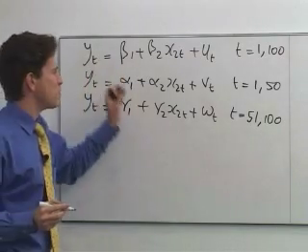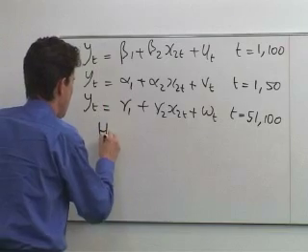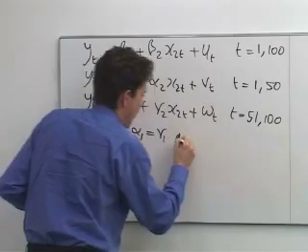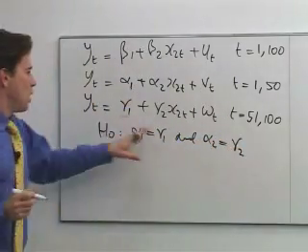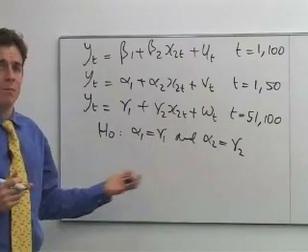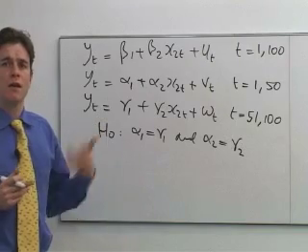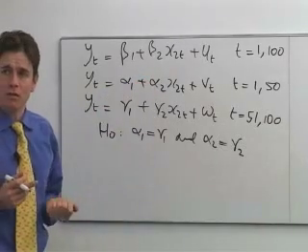The implicit restriction that we're testing here when we estimate the Chow test we could write as being that alpha 1 equals gamma 1 and alpha 2 equals gamma 2. So that being the case, we can see that the number of restrictions in that regression model is going to be equal to the number of parameters that we estimated in our original regression model.